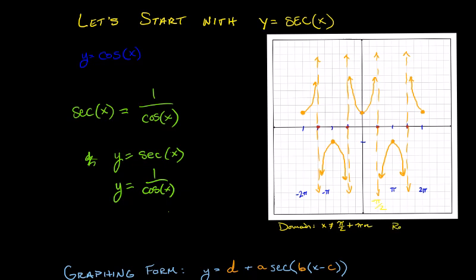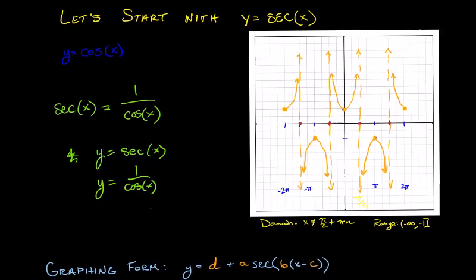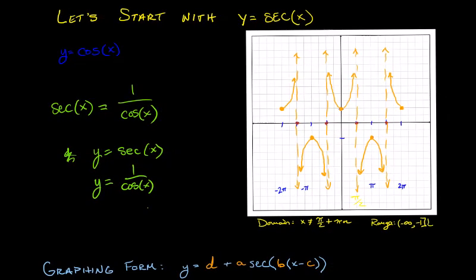And then the range, we're going to use the union. So that's going to go from negative infinity to negative 1 with a bracket. And then I'm going to do the union, and it's going to skip over those from negative 1 to 1. And so it'll just go from 1 to positive infinity. Okay? And so that's your basic secant function.